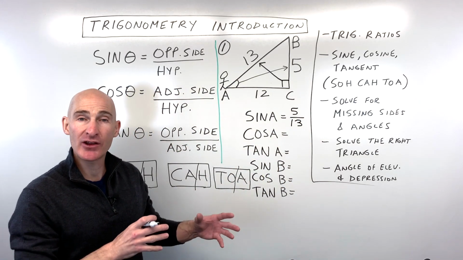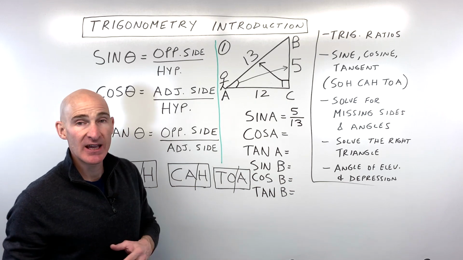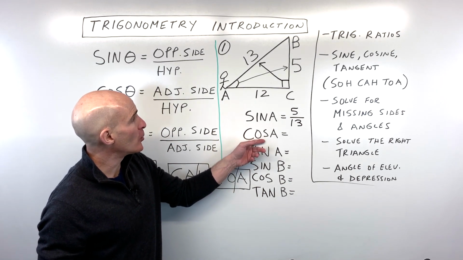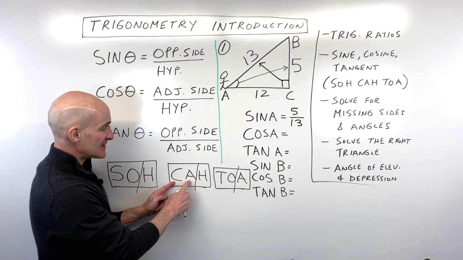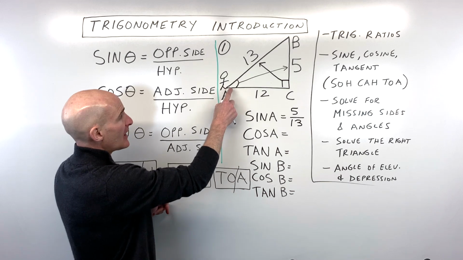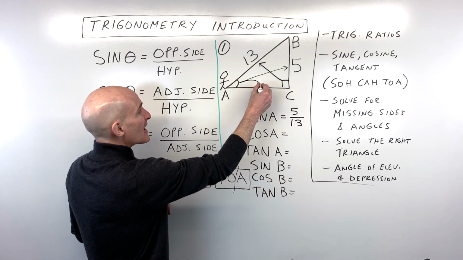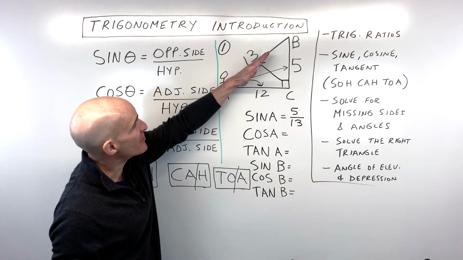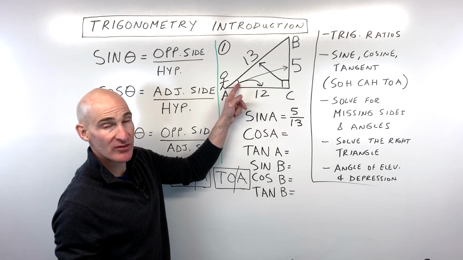Now we're going to talk about how to use those ratios to solve for things in the coming problems, but let's go through this introduction first. So the cosine now, cosine is the adjacent side over the hypotenuse. If you're working with angle A, the adjacent side would be the side next to that angle. Now you might be saying, Mario, isn't this 13 right here? Isn't this side also next to this angle?